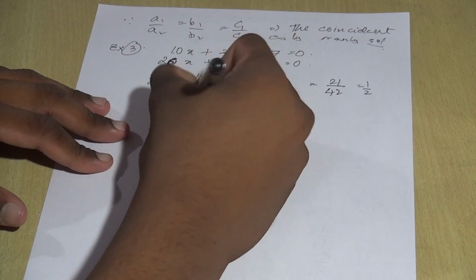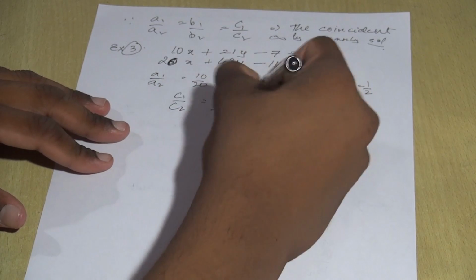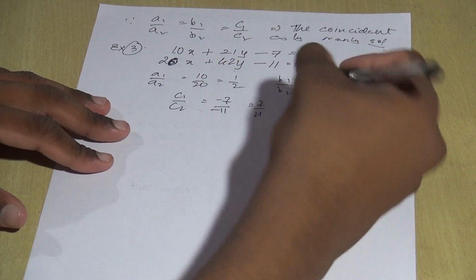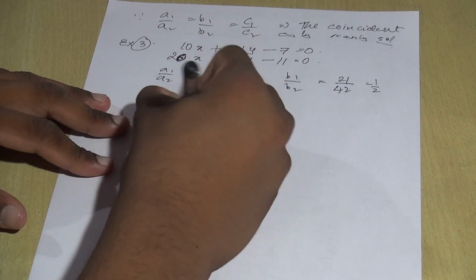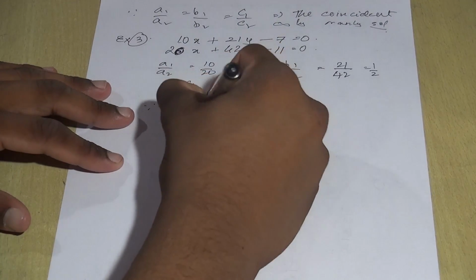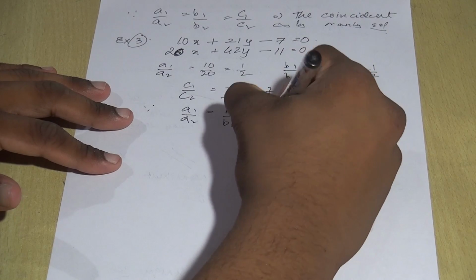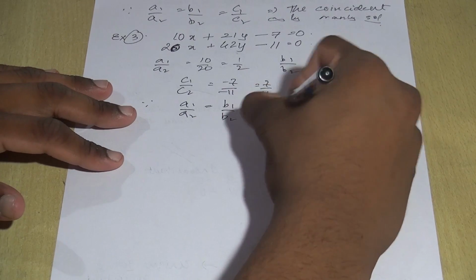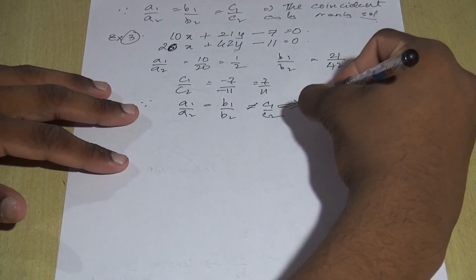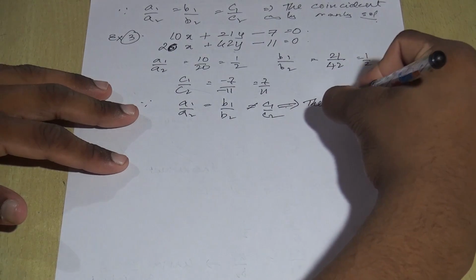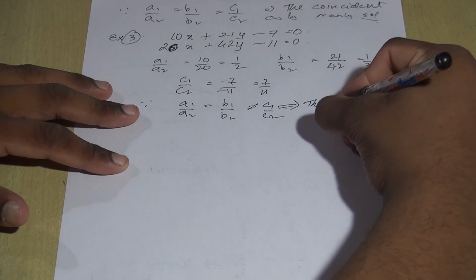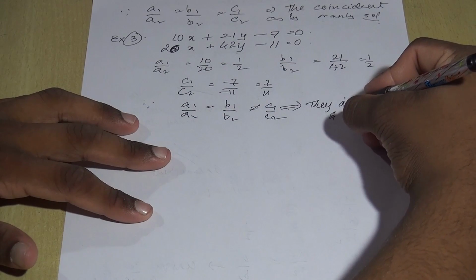But c1 by c2 is equal to minus 7 by minus 11 is equal to 7 by 11. Since a1 by a2 equals b1 by b2 but not equal to c1 by c2, this implies that the lines are parallel, and they have no solution.